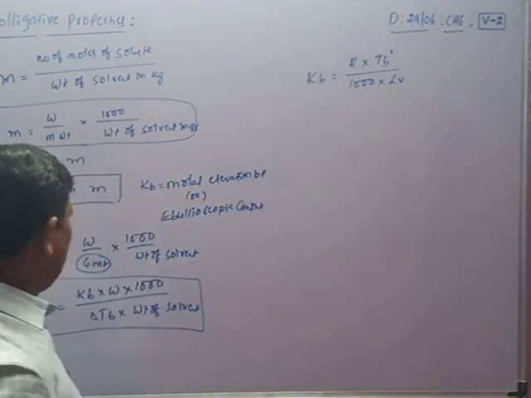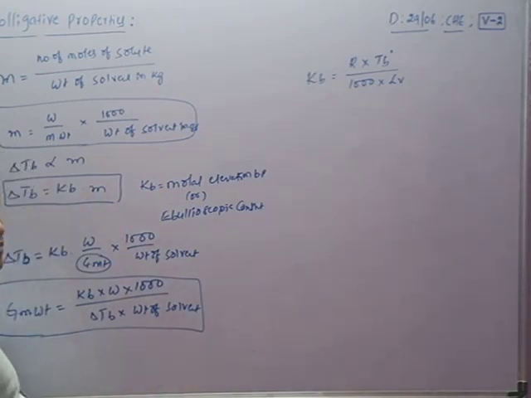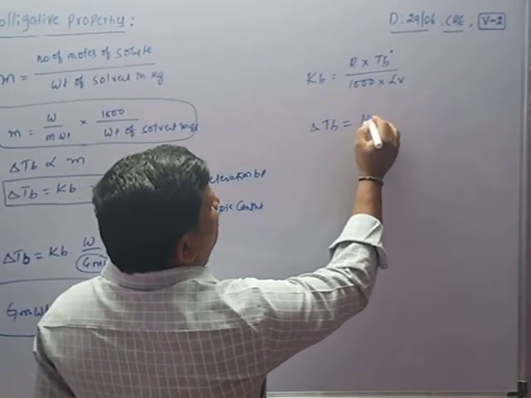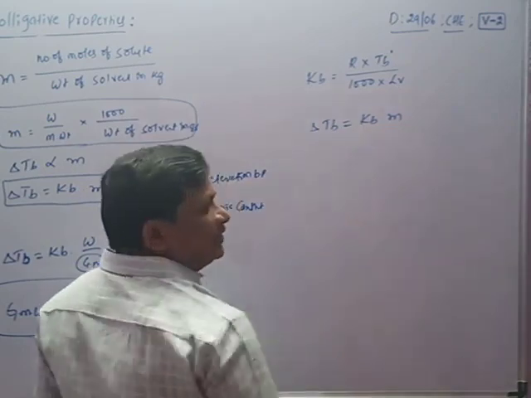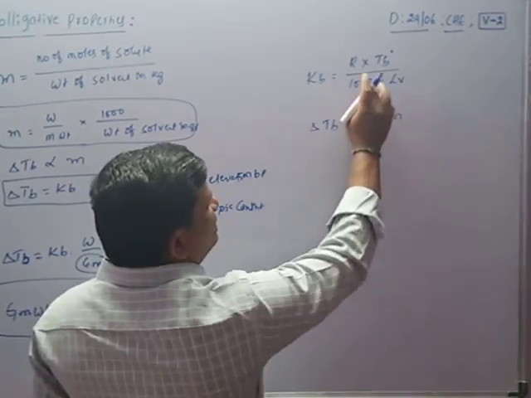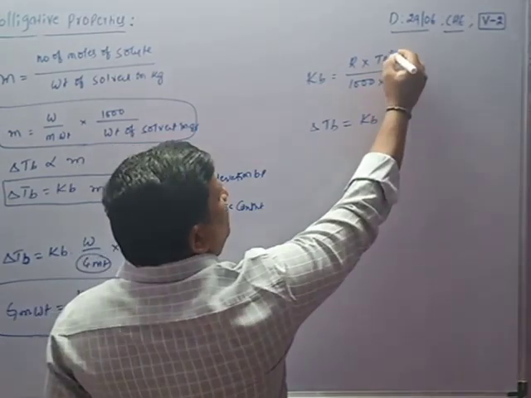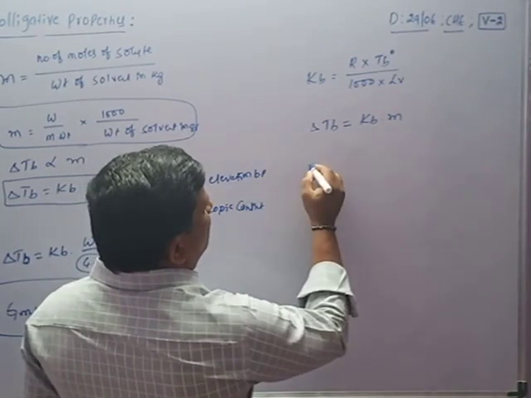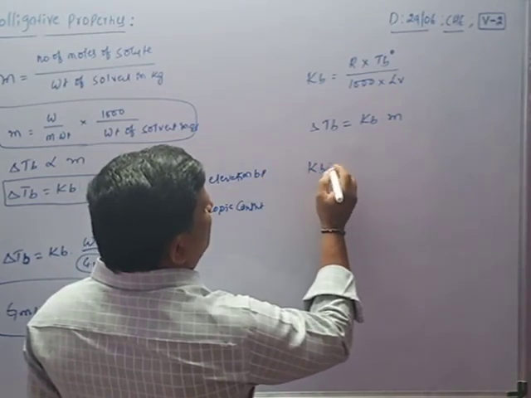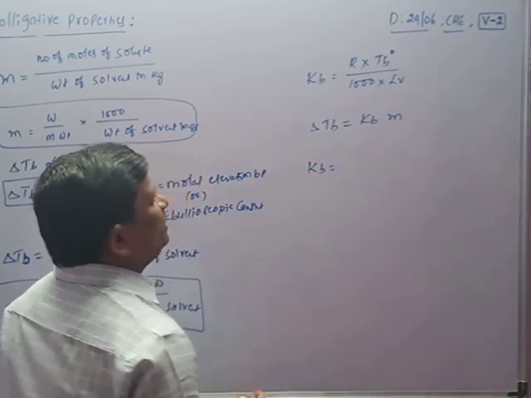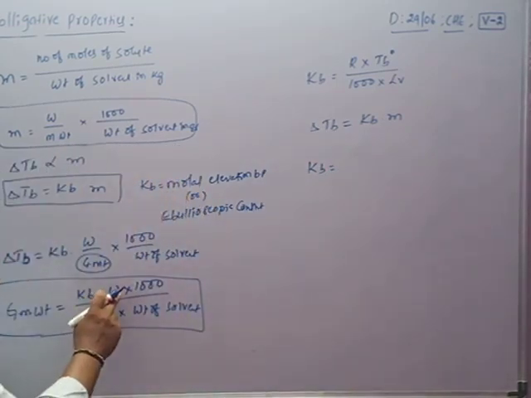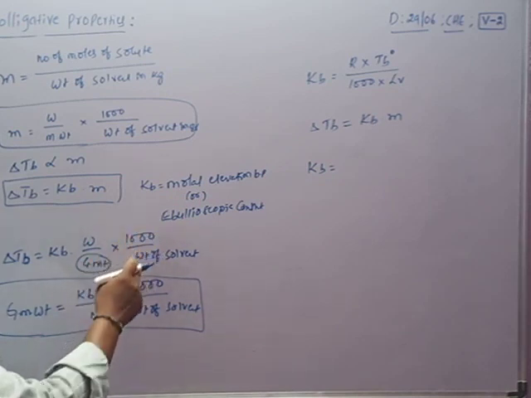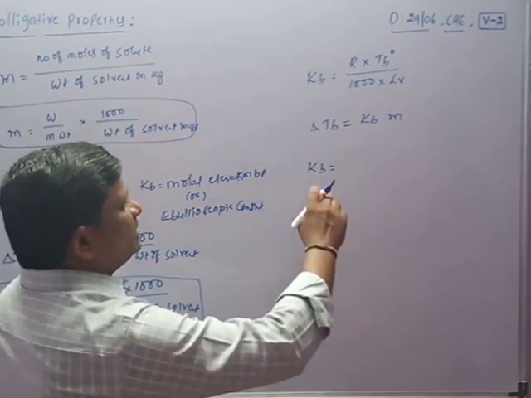Now substitute the KB value in this equation. Delta TB equals KB into m, where KB is R into TB naught by 1000 into LV, and m is weight by gram molecular weight into 1000 by weight of the solvent.